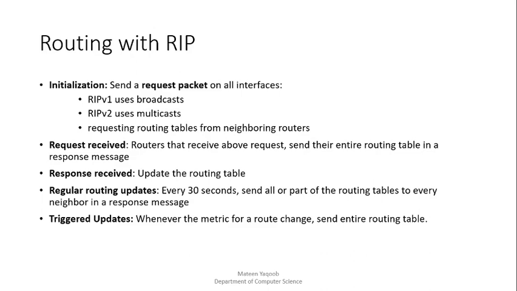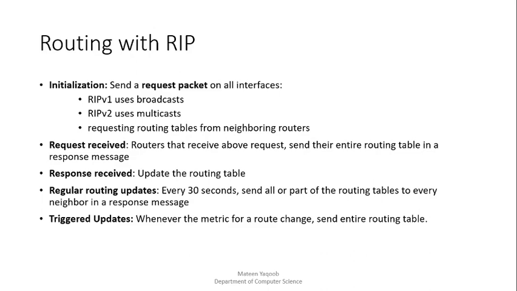So how will routing be done in the RIP protocol? The first phase is an initialization phase. In this, every router will send a request packet on all the interfaces connected to that particular router. If we are using version 1, then this request packet will be broadcast, and if we are using RIP version 2, then this packet will be multicast.